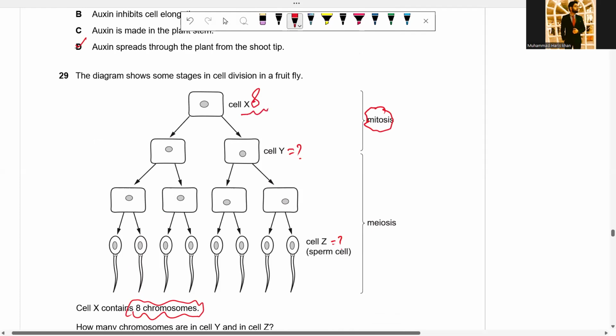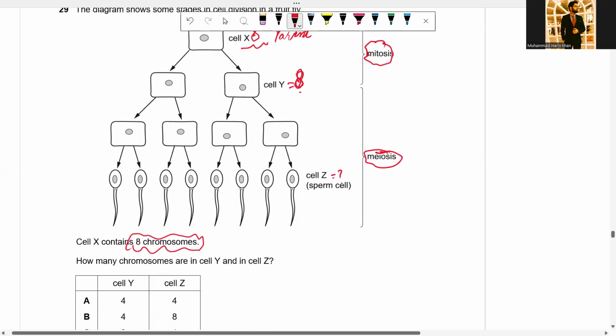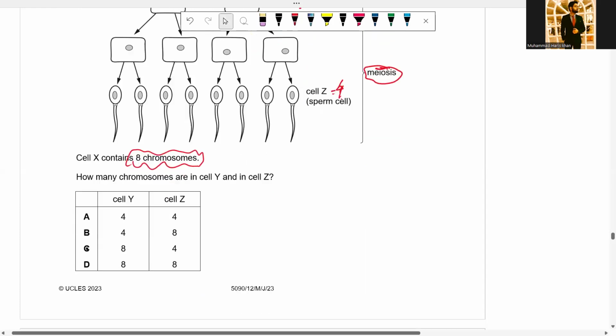So the parent cell has 8 chromosomes, and after the mitosis, the daughter cell will also have the same number of chromosomes, that is 8. But in meiosis, the number of chromosomes will be halved. So the parent cell is now cell Y, and it has 8 chromosomes. Now in cell Z, that are the daughter cells, during the process of meiosis, the number of chromosomes will be halved, and that is 4. So the answer will be C.